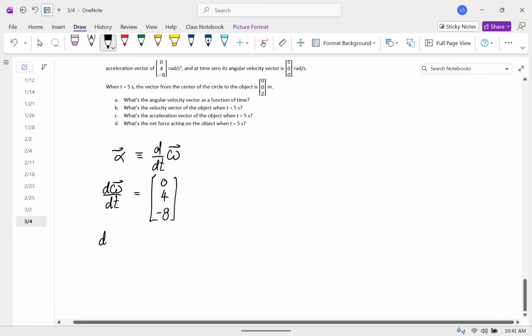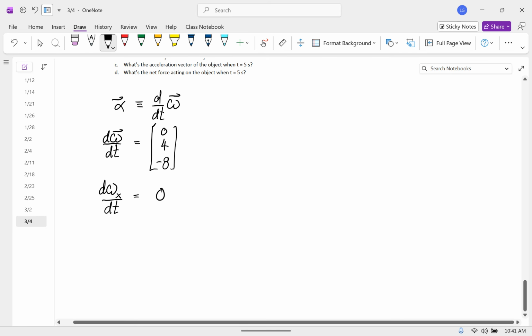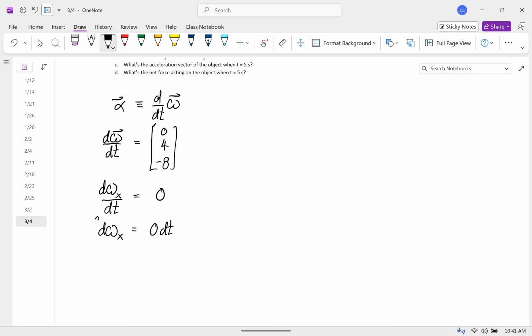I'll just do them one by one here. So d omega x dt is equal to 0, so d omega x is equal to 0 dt. Integrate, and you get that omega x as a function of t is equal to c.